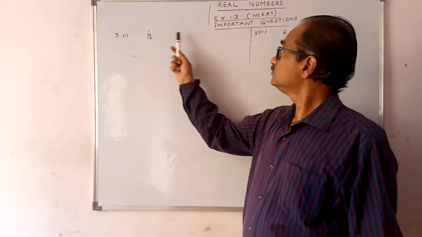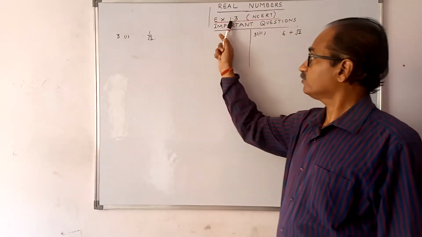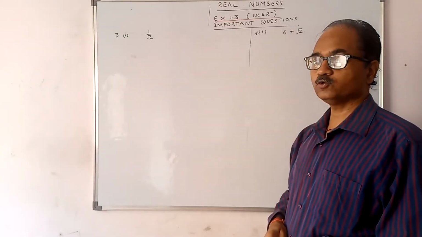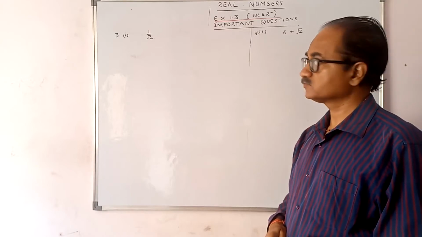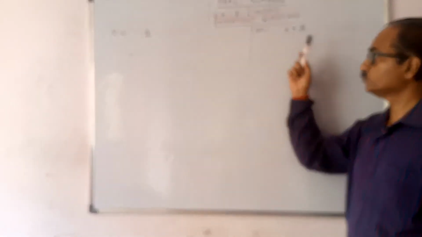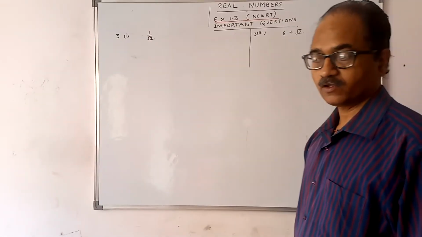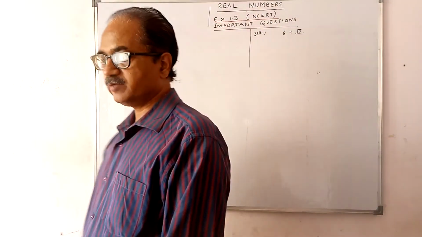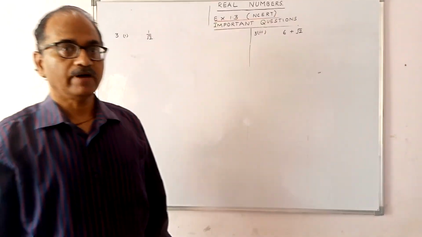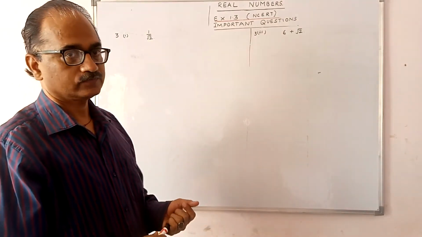Question number 3, exercise 1.3, part 1. Prove that 1 upon root 2 is irrational and 6 plus root 2 is irrational. Now these questions will be done by using the method of contradiction.